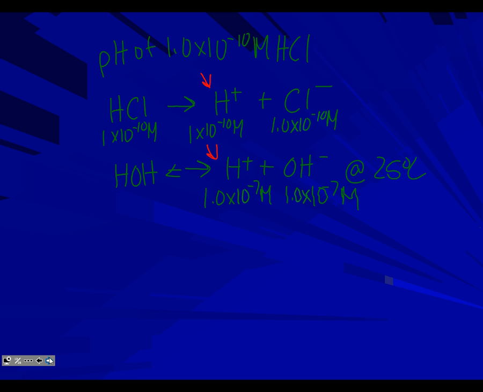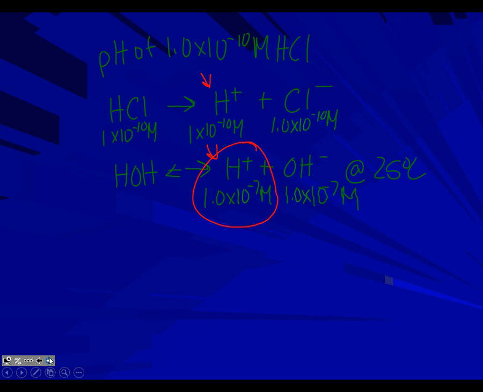Well, negative 7, even though it's not very big, is still bigger than negative 10. And so in this particular case, even though we're working with a known strong acid, its concentration is so small that water is actually producing more hydrogen ions than our hydrochloric acid is.